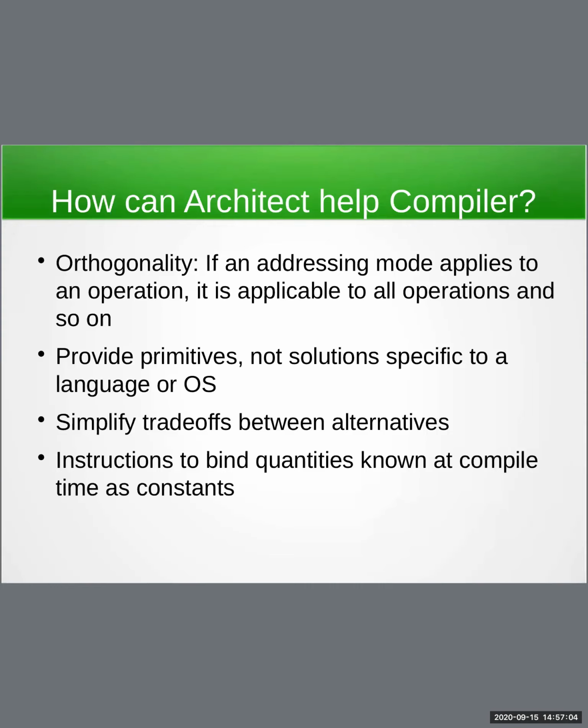So this it has to do. This is not orthogonal, but it helps a lot because it now allows you to double the number of registers you have without changing the number of bits you need for the registers in the instruction. So it helps in that way.